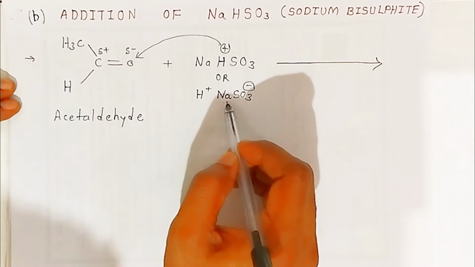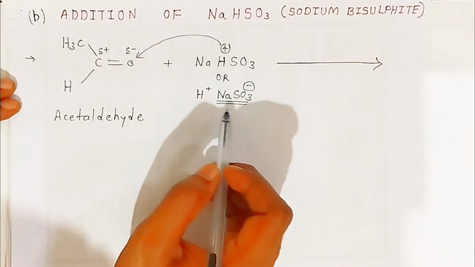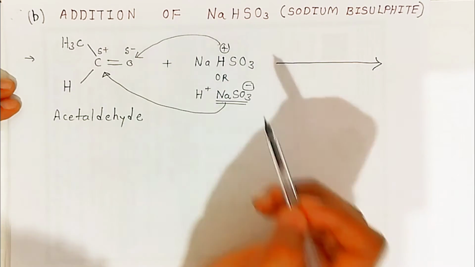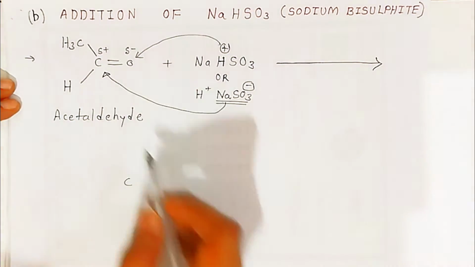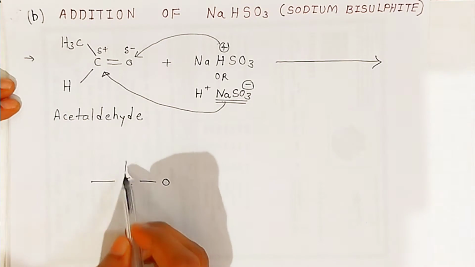Now what happens means, this sulfur of the sulphite is going to attack the positive charge carbonyl carbon. Okay students, because of that, this carbon-oxygen double bond will become a single bond like this.